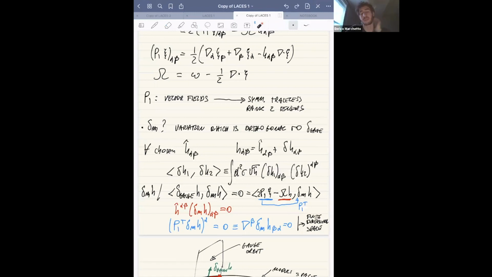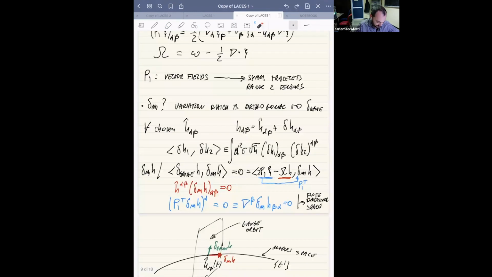So this is a scalar, but this is not, so here there is a trace part, and here there is a traceless part. So they have to vanish independently. Okay, now I see. Thanks. Okay. Other questions?